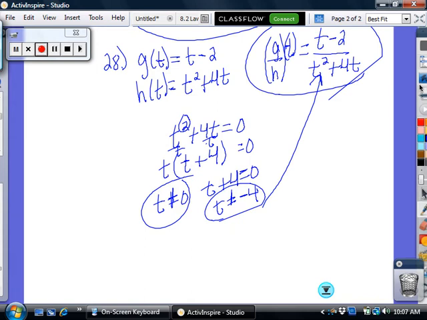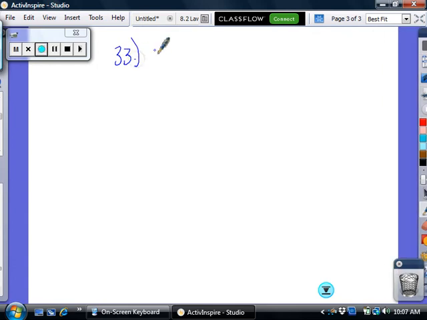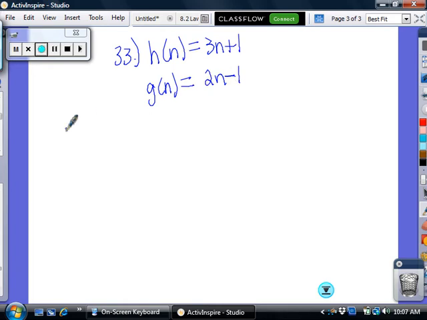Alright, now let's look at composition functions with number 33. h of n is 3n plus 1, and g of n is 2n minus 1. And we're asked to find h of g of n.